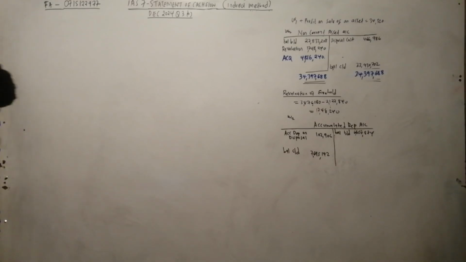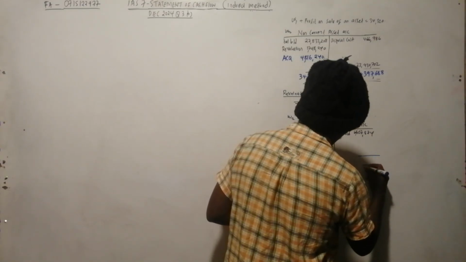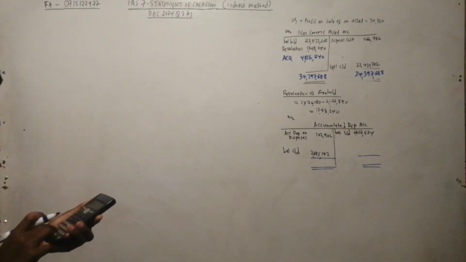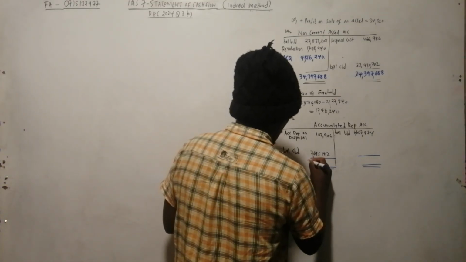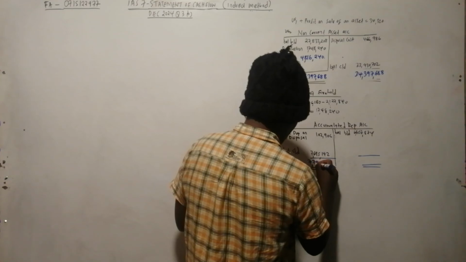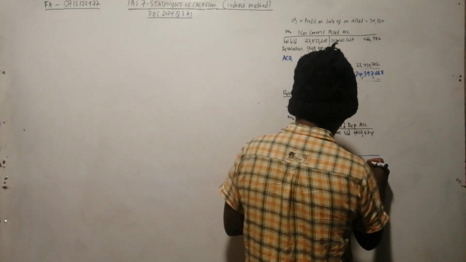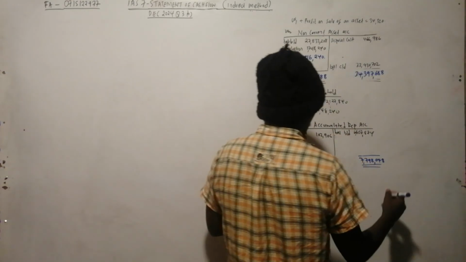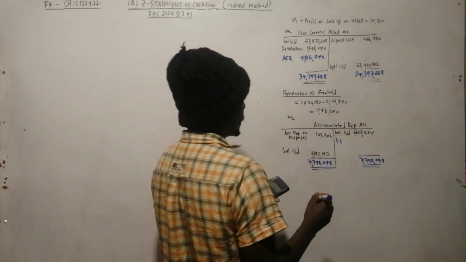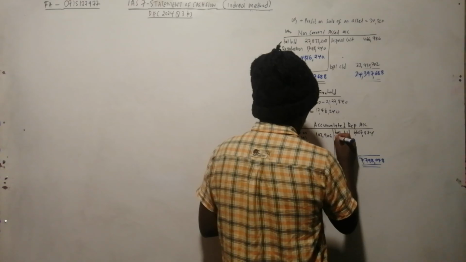So we balance this account. 7695,142 plus 102,906 gives 7798,048. So the depreciation for the year, what is the depreciation charge?